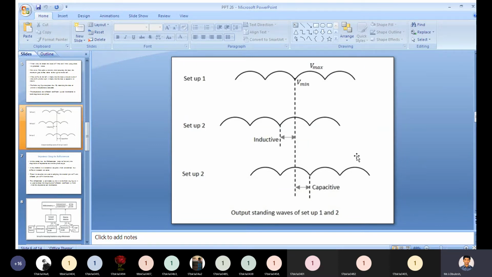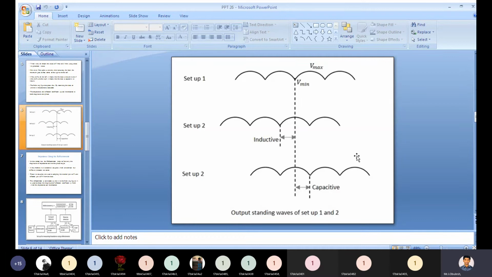Setup 1 indicates that to obtain the values of V maximum and V minimum from the setup 1 using a load. We get some V minimum and V maximum values if we are applying some load to setup 1.